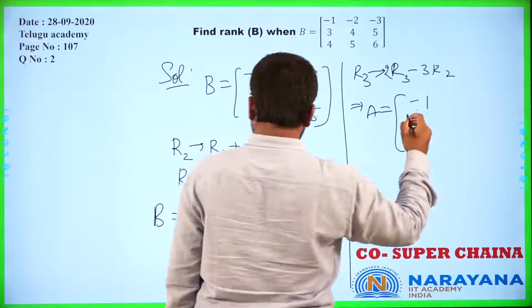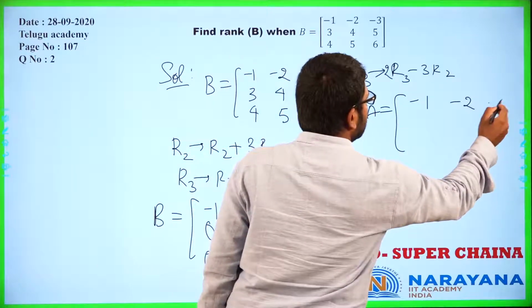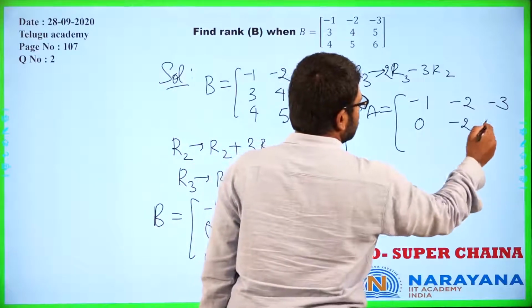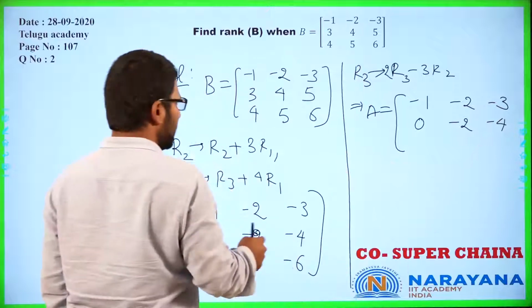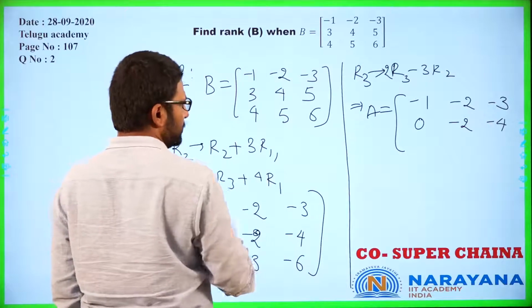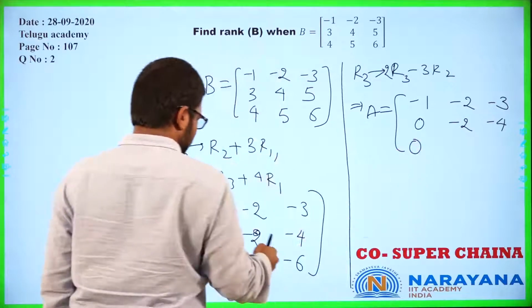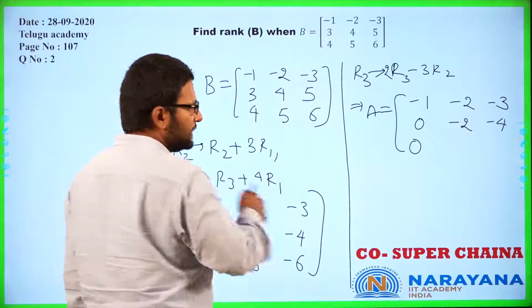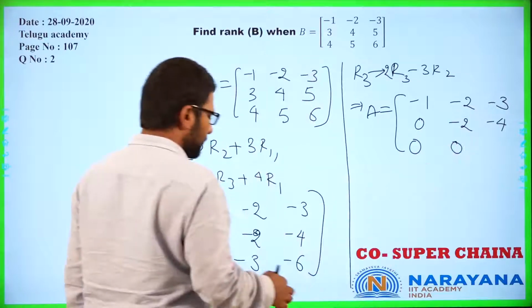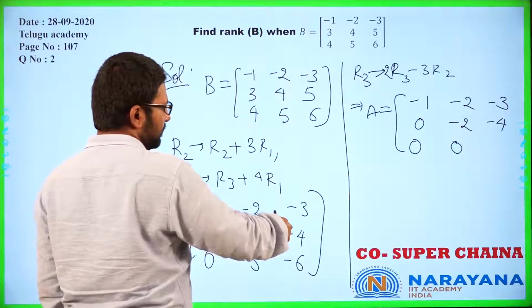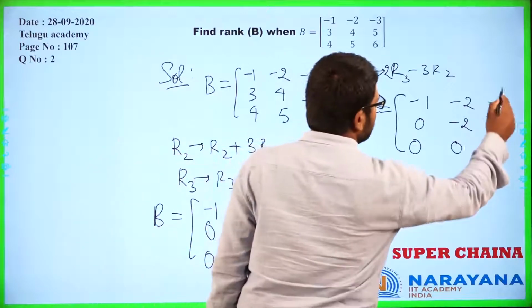So minus 1, minus 2, minus 3, 0, minus 2, minus 4, and double this minus 3 times this. Double of this would be minus 6, minus 3 times 6, so minus 6 minus 6 gives you 0, and double of this minus 12 minus triple of this minus 12, again 0, right?